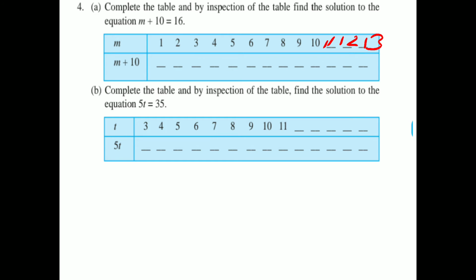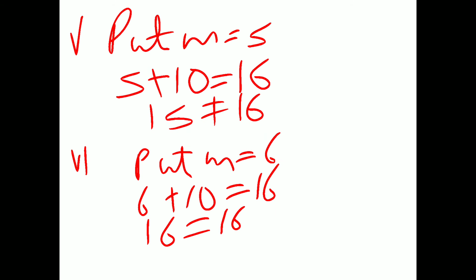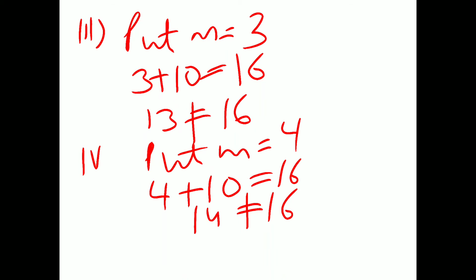Till 13 you have to put the value. Now you got the solution: the sides are equal when m is equal to 6. So you write, m is equal to 6 is the solution. Clear? Now the rest of the part you will do by yourself.